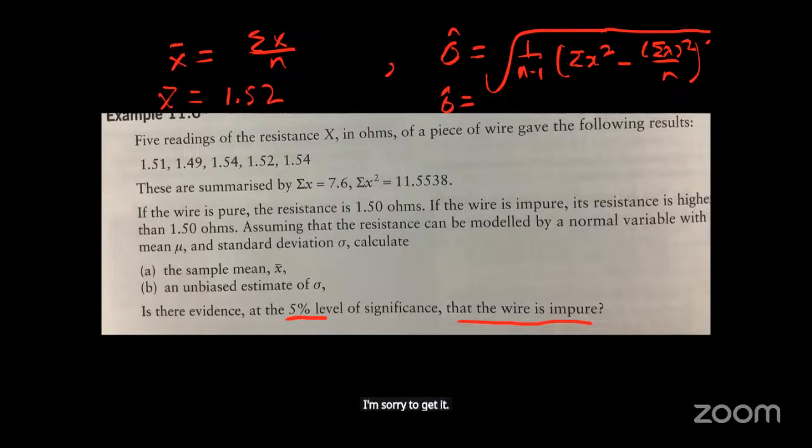From the standard deviation, I get 0.0212. Yeah, that's correct. 0.021. Check yours again, it shouldn't be that. It should be 0.021.